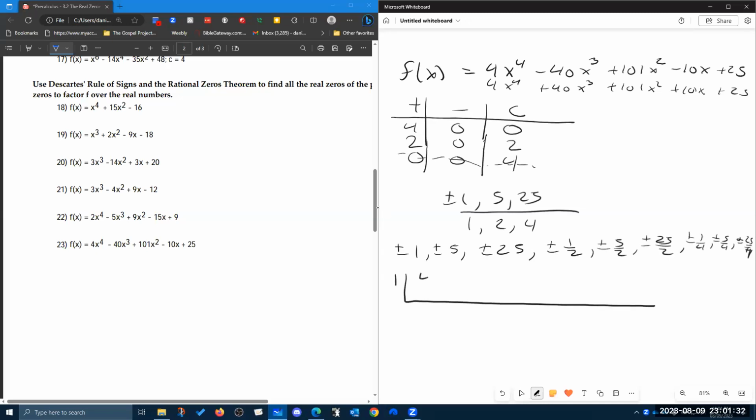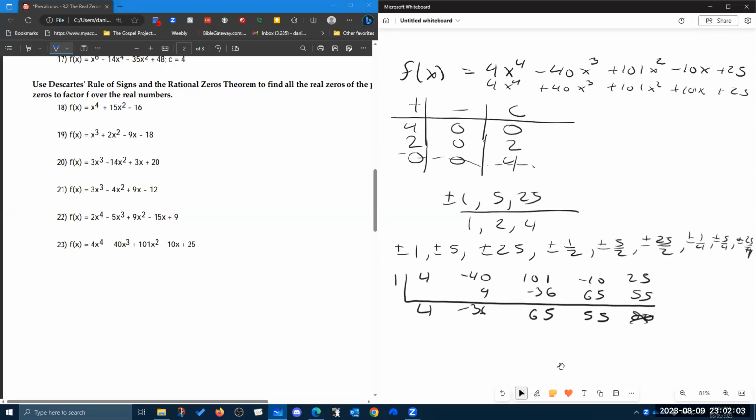So we have 4, negative 40, 101, negative 10, 25, negative 36. Negative 36 is a 65. 65 minus 10 is 55. 55 plus 25 is 80.